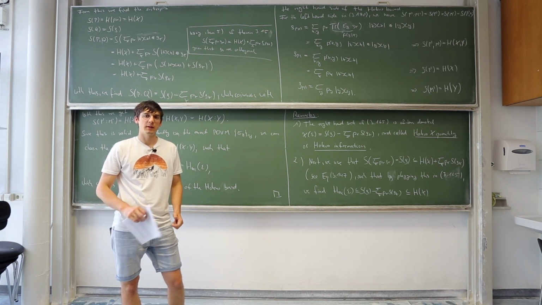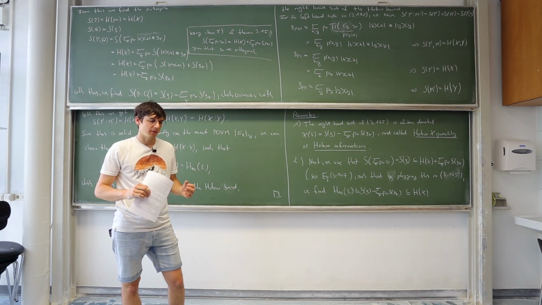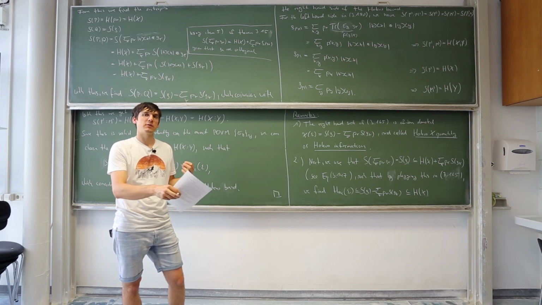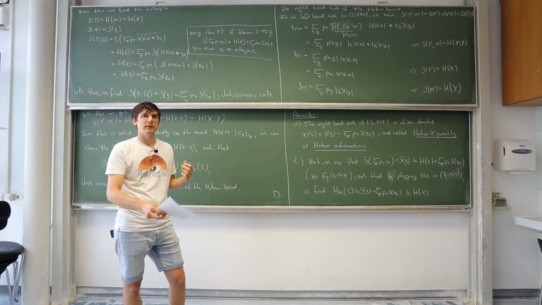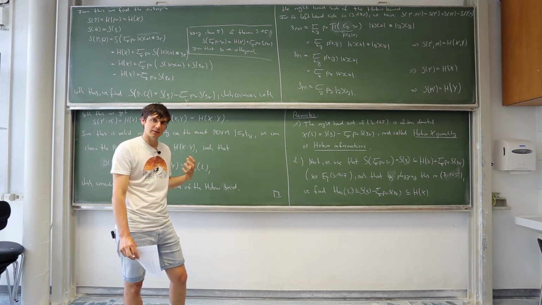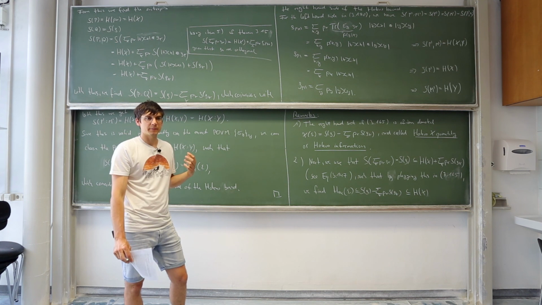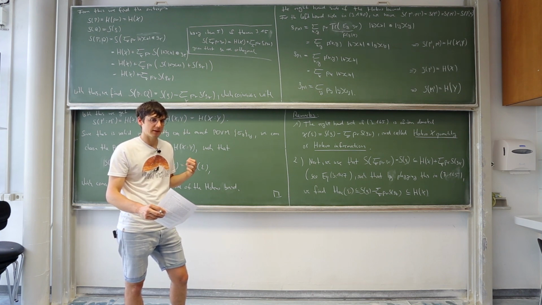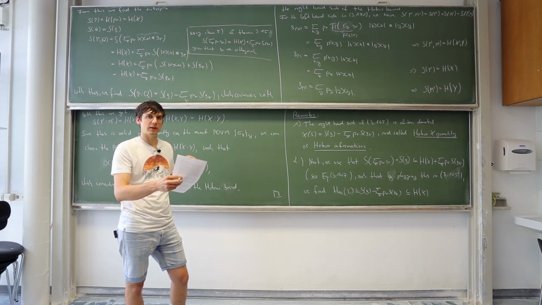So remember that in the beginning we considered this communication protocol between Alice and Bob, and said that if Bob performs this measurement, which we can associate with this random variable y, then the information that he can learn about this random variable x is given by the mutual information of x and y. And then we stated that this mutual information is bounded by the entropy of the random variable x.